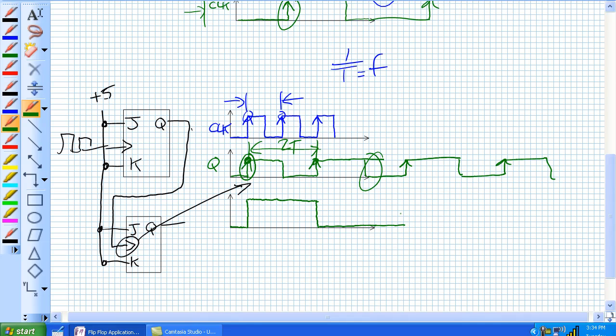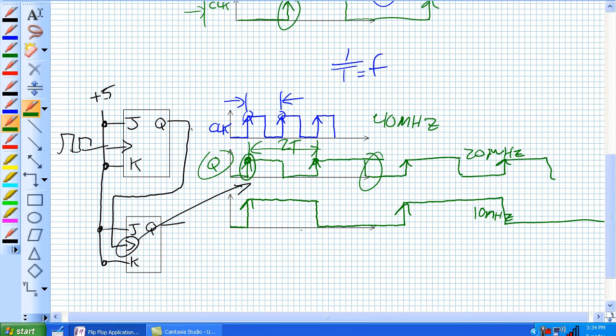I've abandoned any pretense of being accurate at this point too, guys. So what you get is half of this frequency. So let's say you were at 40 megahertz, you're at 20 megahertz, half again, 10 megahertz.